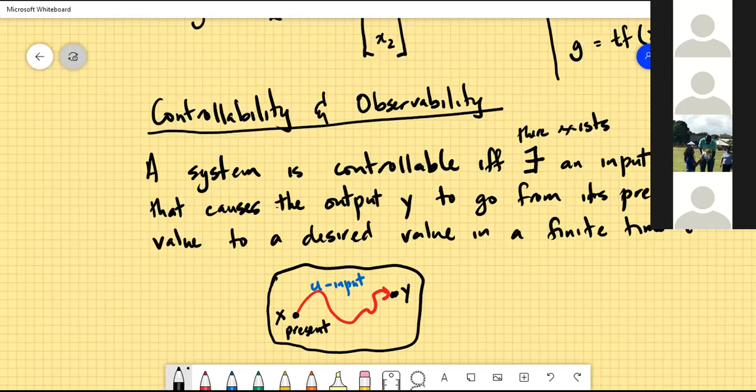If there's no input, or if the input cannot take you there in a finite time, it's taking forever, then what we are saying is that that system is not controllable. So the finite is important. All right, so the finite is important. This finite means measurable.